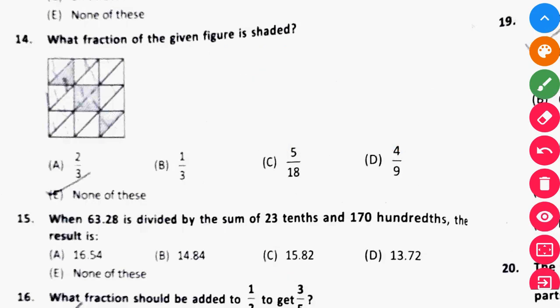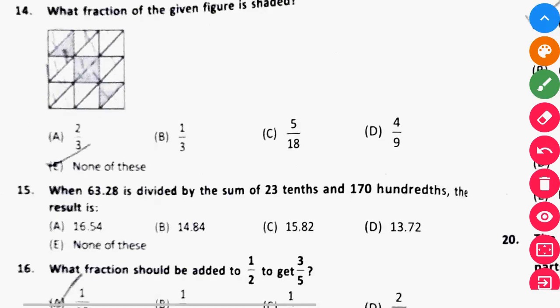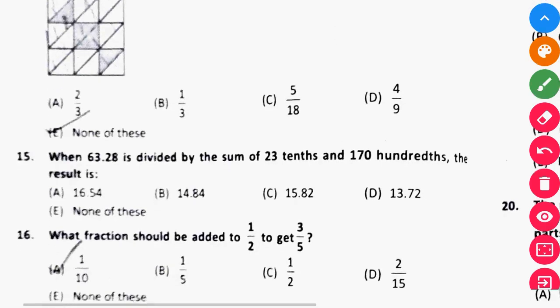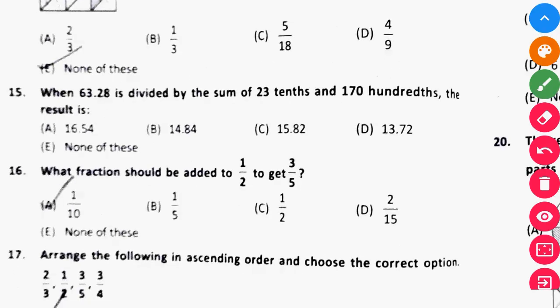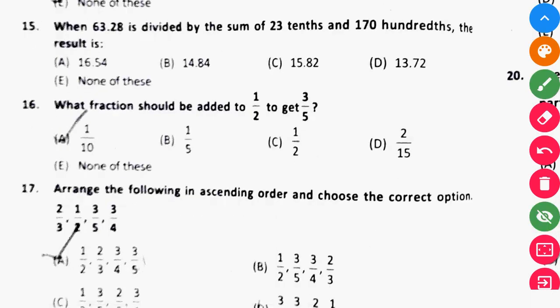So the better way is to divide only like this. So 15.82 is your answer.